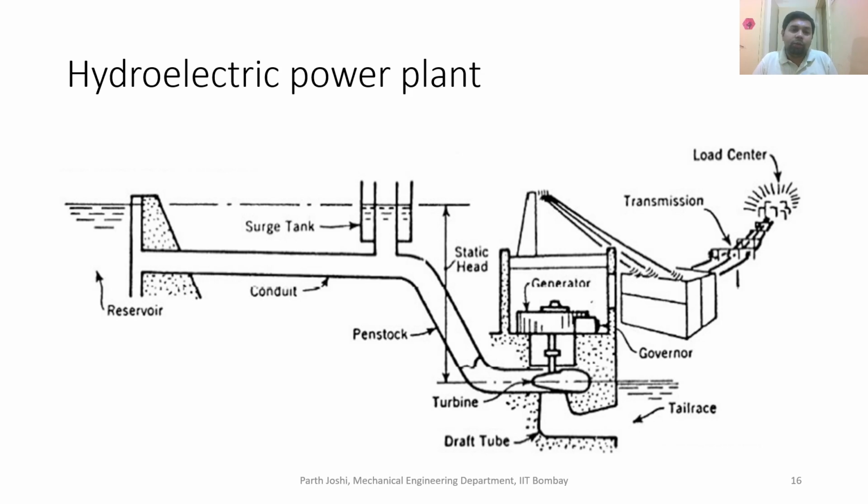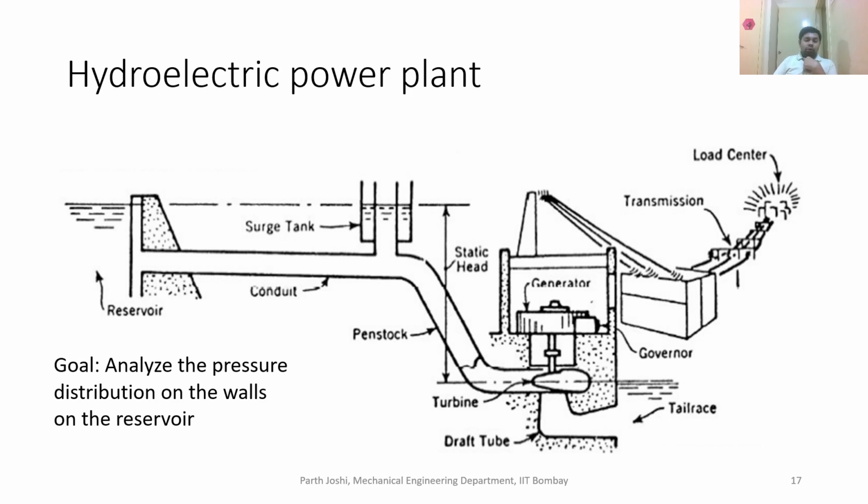Now we have this huge system, but depending on what we actually want to study in this, how do we select what we should include in the system? Let us say our goal is to analyze the pressure distribution on the walls of the reservoir.